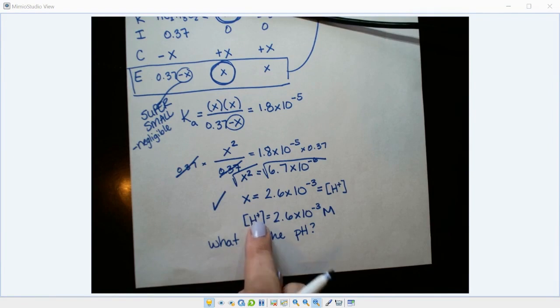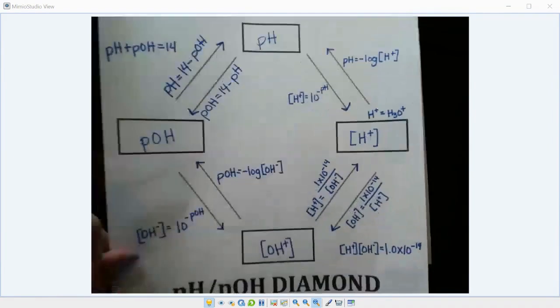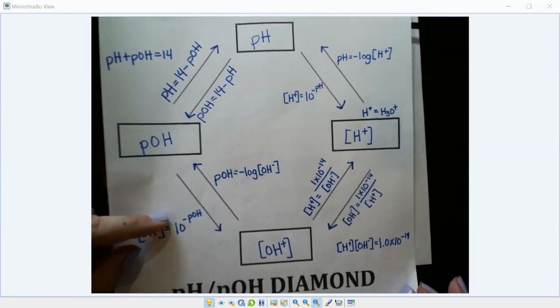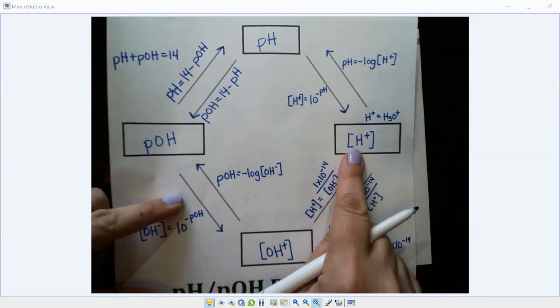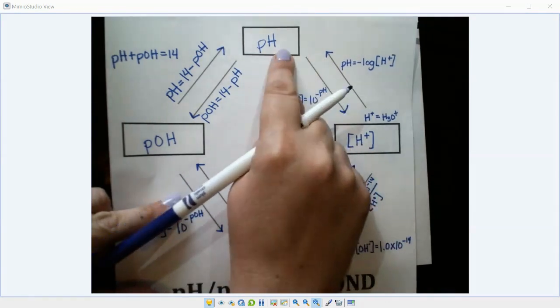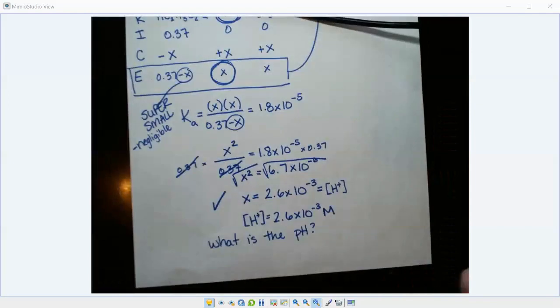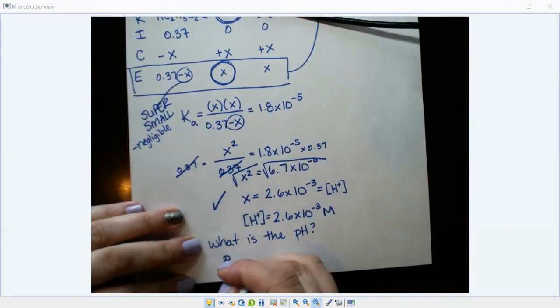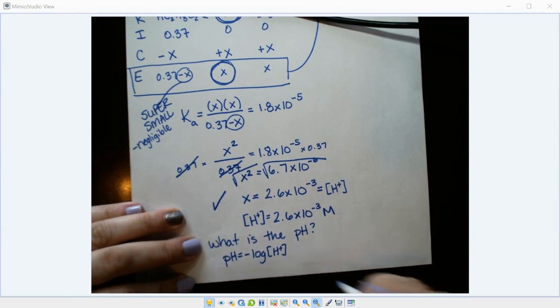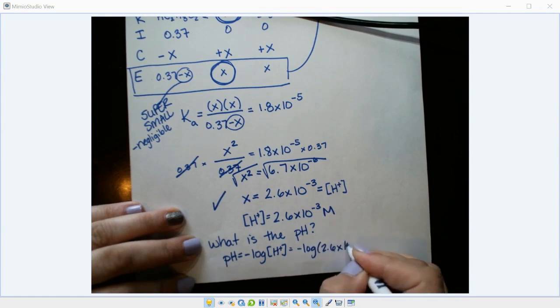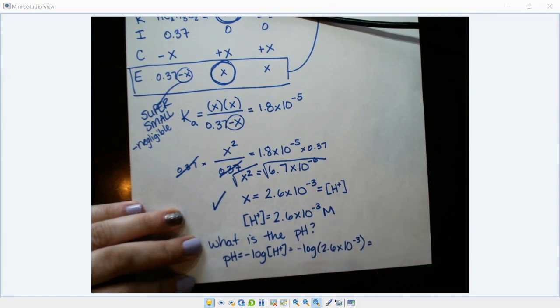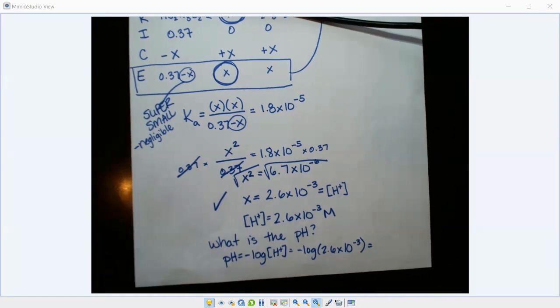Once you know H plus, think back a few weeks, reference your pH diamond. If you know H plus, to solve for the pH, pH equals negative log of the H plus concentration. So if I take the negative log of 2.6 times 10 to the negative 3, that will tell me my pH. That's somewhere around 2 point something.